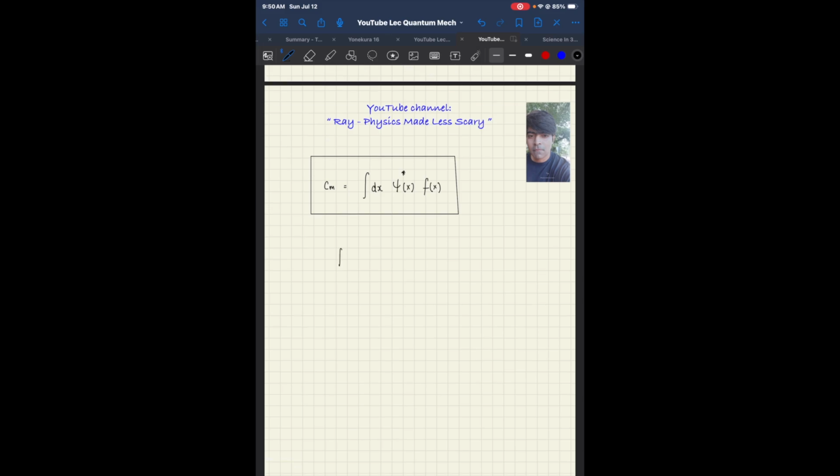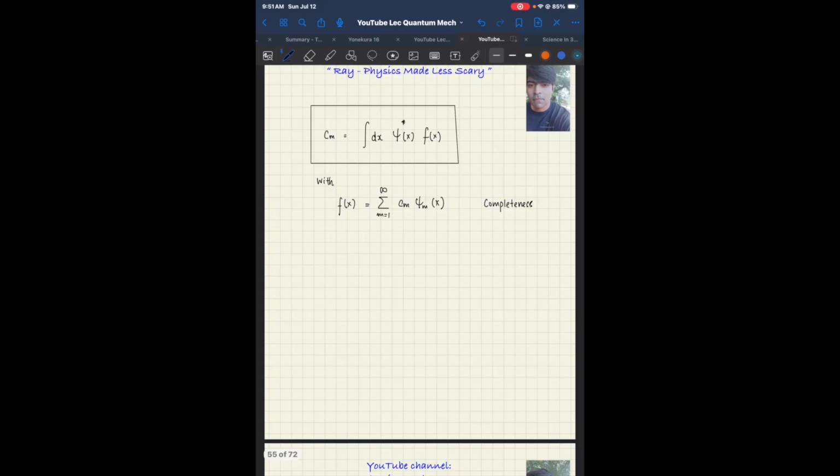And you can have f(x) as the sum with these Cm's, and this is called completeness in mathematics.